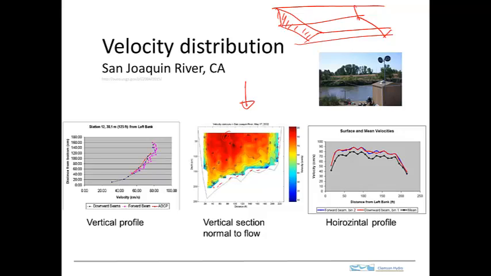It can't measure all the way to the bottom, but it's generally this high velocity here near the surface, kind of in the middle, but it's really off to sort of near the deep side, and then lower at depth.